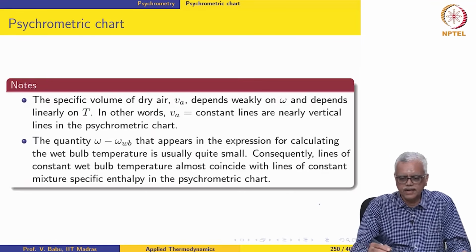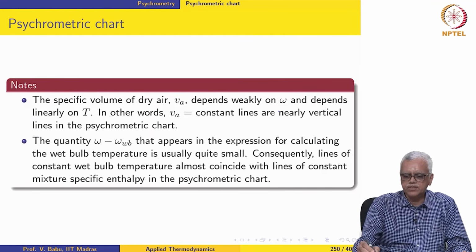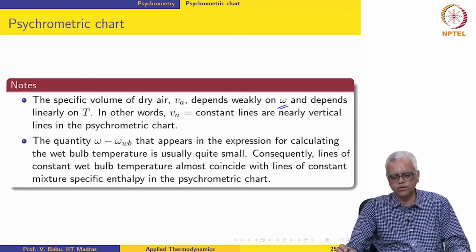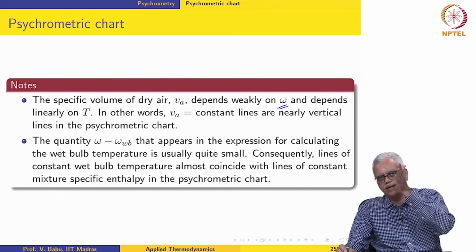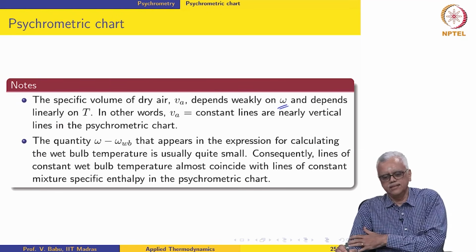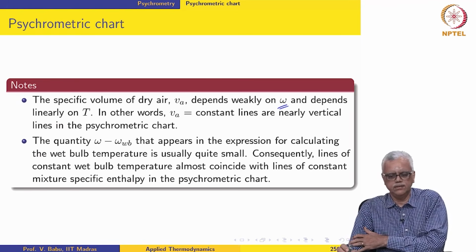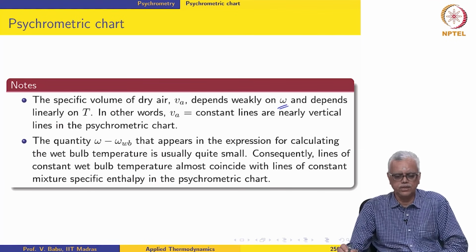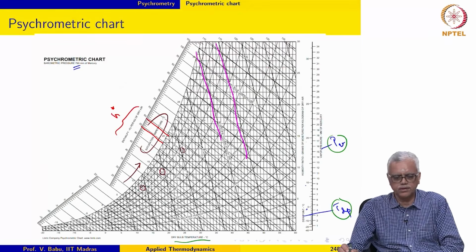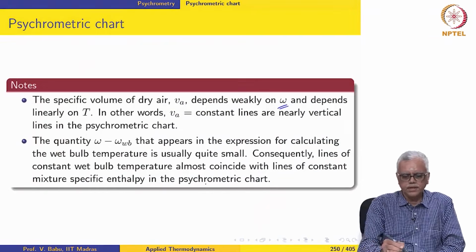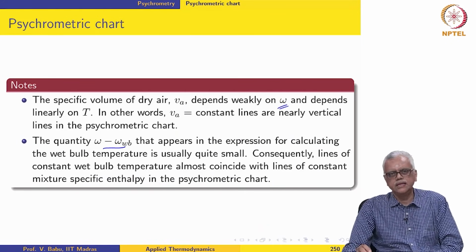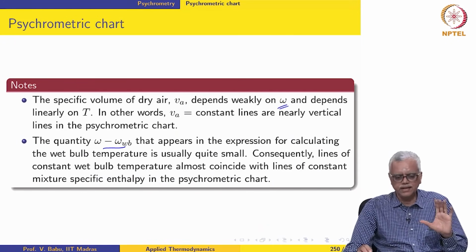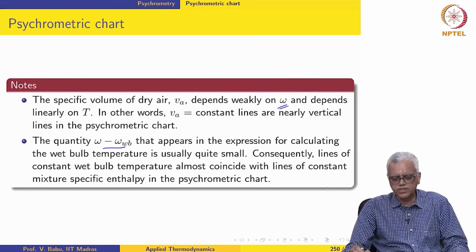The specific volume of dry air, we argued, depends weakly on omega and depends linearly on T. In other words, VA equal to constant lines are nearly vertical, because it depends very weakly on omega and linearly on T. The quantity omega minus omega wet bulb is usually very small, which means that lines of constant wet bulb temperature almost coincide with lines of constant mixture specific enthalpy in the psychrometric chart.